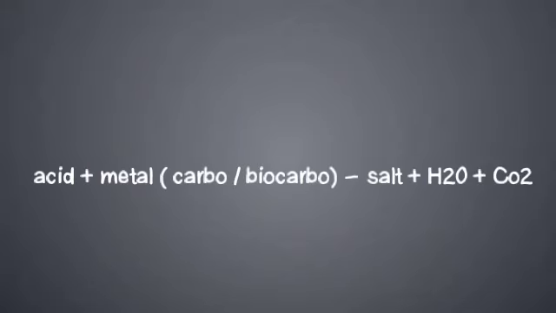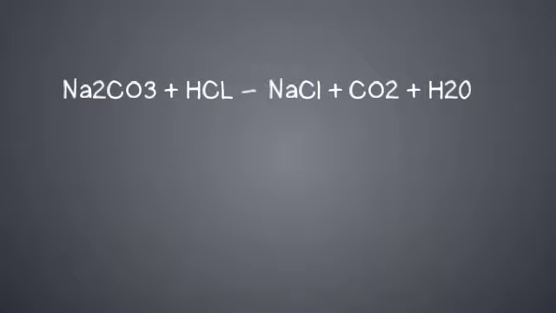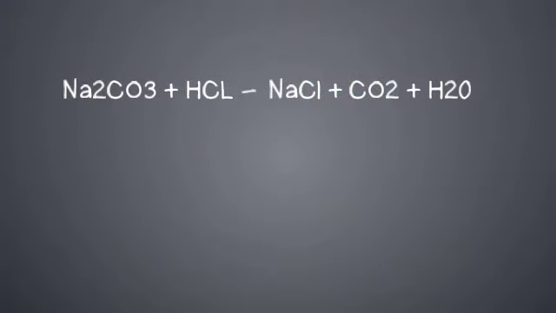The second property of acids is that when we react any acid with a metal carbonate or metal bicarbonate we get salt plus carbon dioxide gas and water. We will get three results. An example is when we react sodium carbonate with hydrochloric acid, we get sodium chloride, carbon dioxide and water.